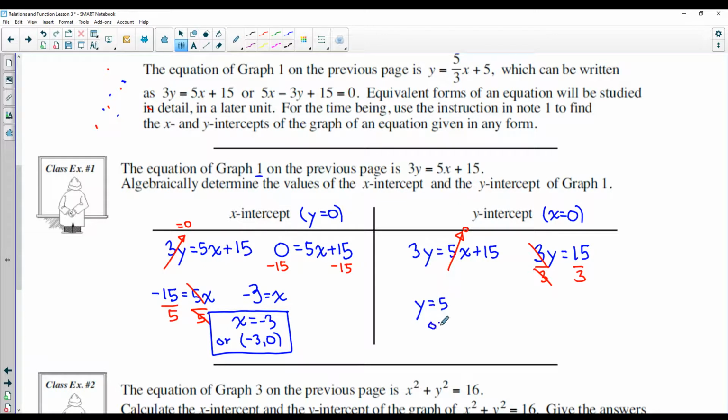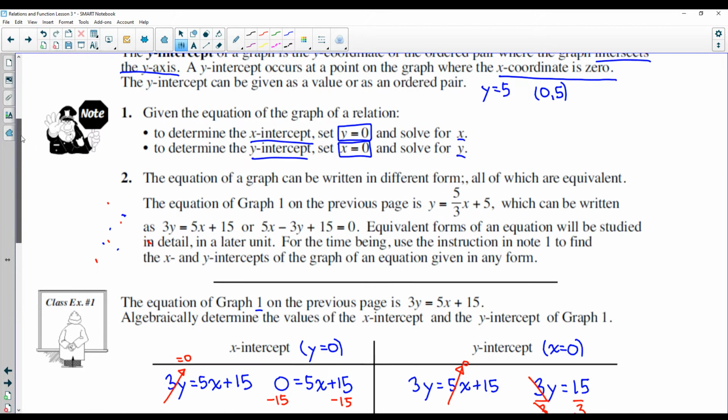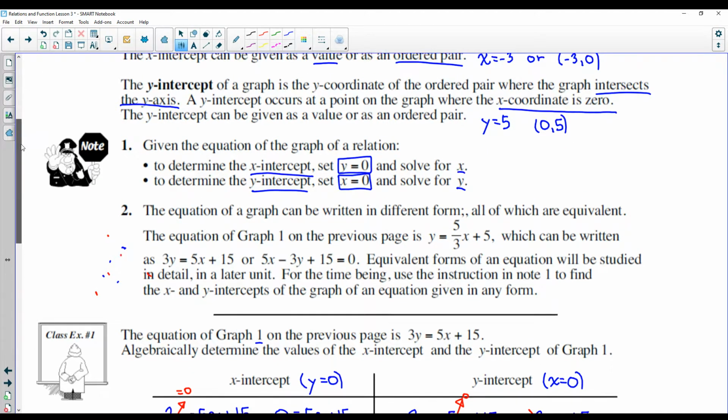Or we could write it down as an ordered pair. As an ordered pair, the y-intercept would be 0, 5. And if we check up at the top here, that is the y-intercept we identified off the graph.